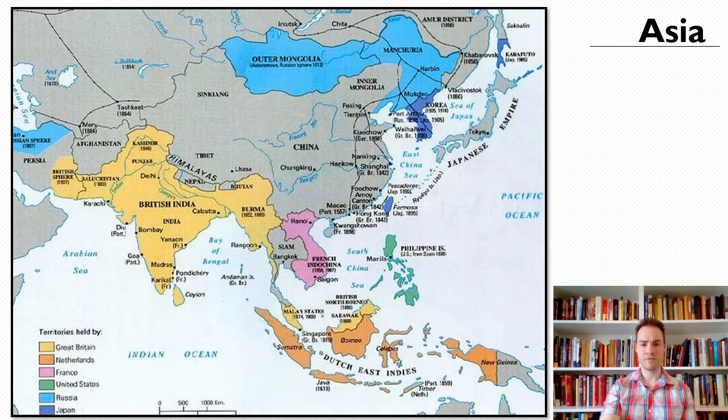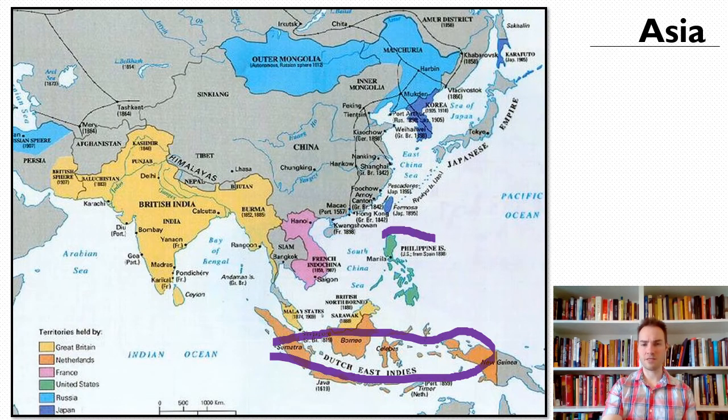Over here you have these French colonies of Vietnam, that today is Vietnam, Laos, Cambodia. But there's other ones that you might be less familiar with. For example, the Dutch had colonized all of these areas in what today is Indonesia.